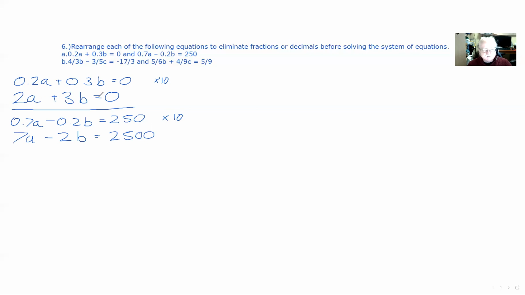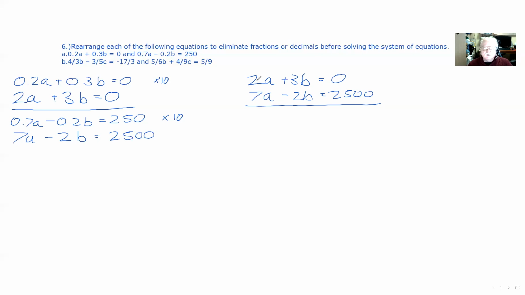We can see that these things are both in the standard form. So we'll just work with 2a plus 3b equals 0, and 7a take away 2b equals 2,500. And we don't have anything we can multiply 2 by to make it equal to 7.